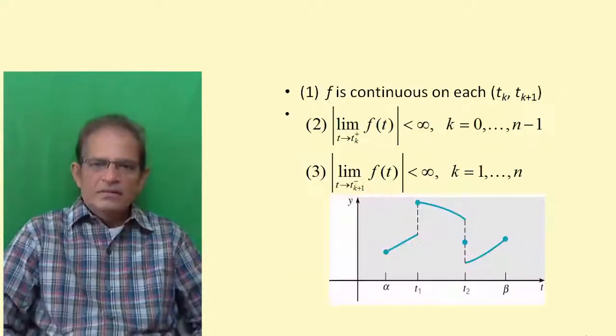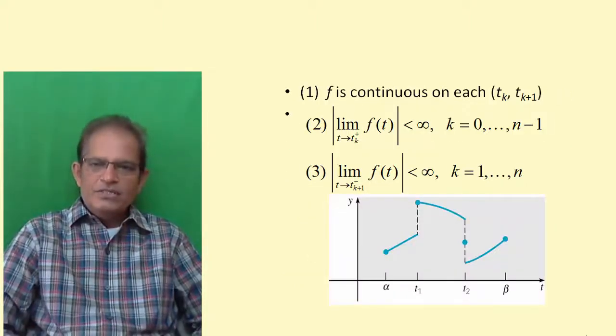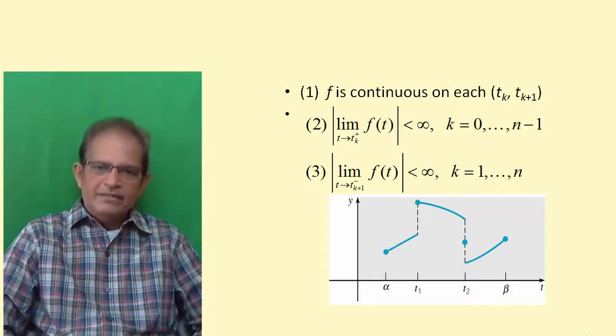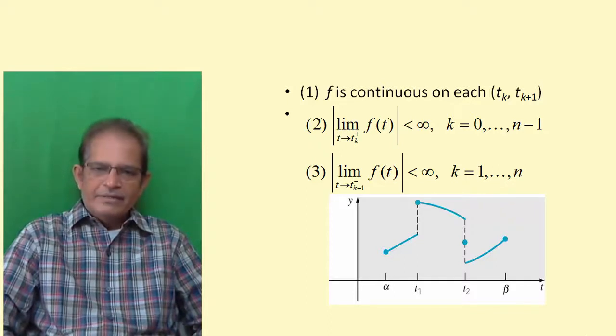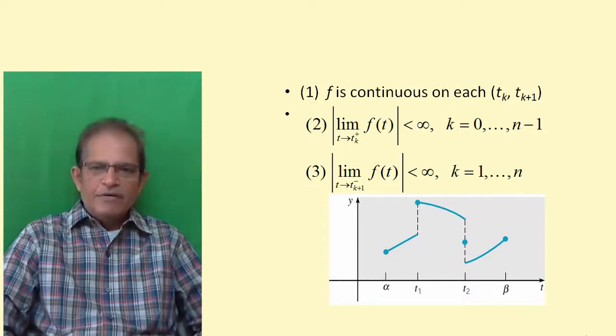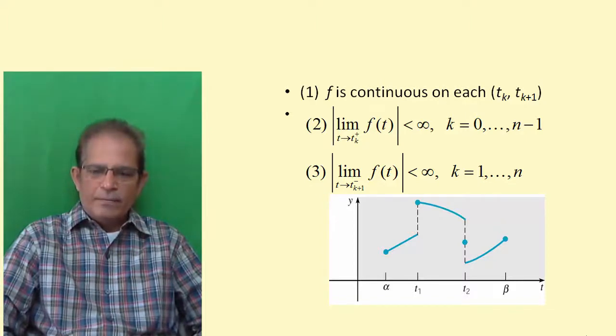F is continuous on each subinterval, the right limit as t tends to tk plus of f of t will be less than infinity for k from 0 to n minus 1, and the left limit as t tends to tk minus of f of t will be less than infinity for k equal to n. So the graph of the function may be like this as shown.